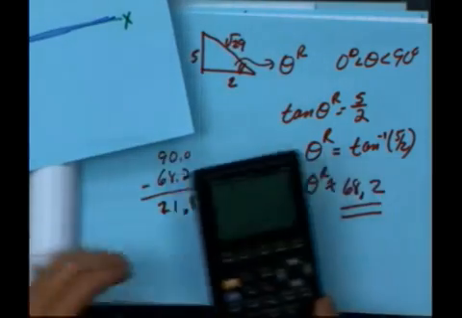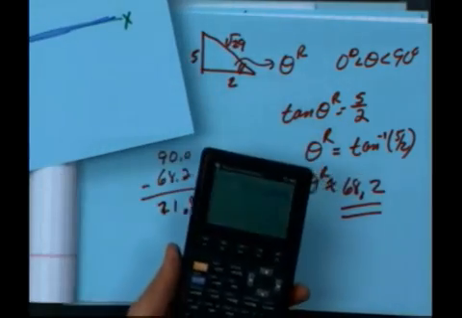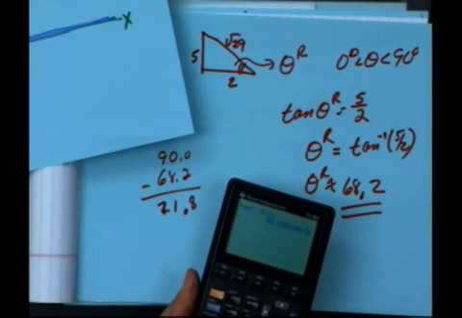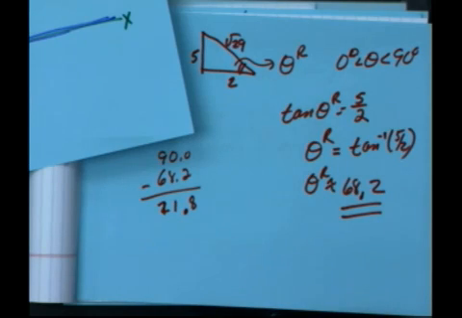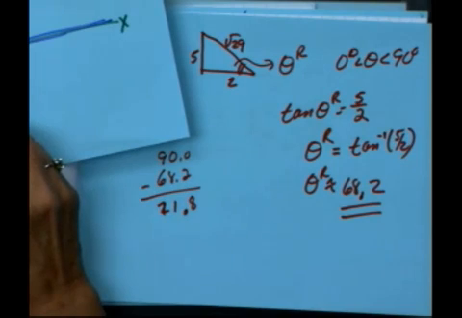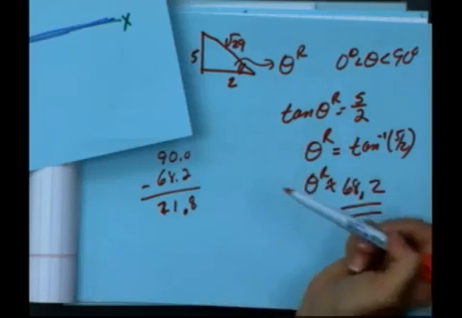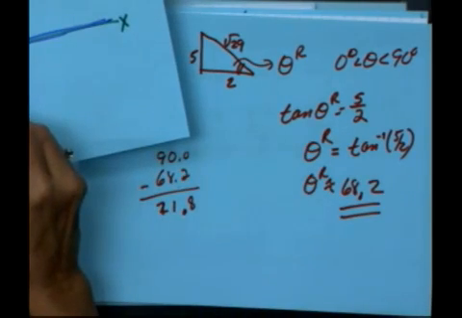Let's see if the tangent of 21 point, wait a minute, did you say add to 90 or subtract to 90? Subtract the 90 to get that particular half, and then you add 90 to get the whole angle. So if you say 90 minus 68.2, that gave you this little part right here.